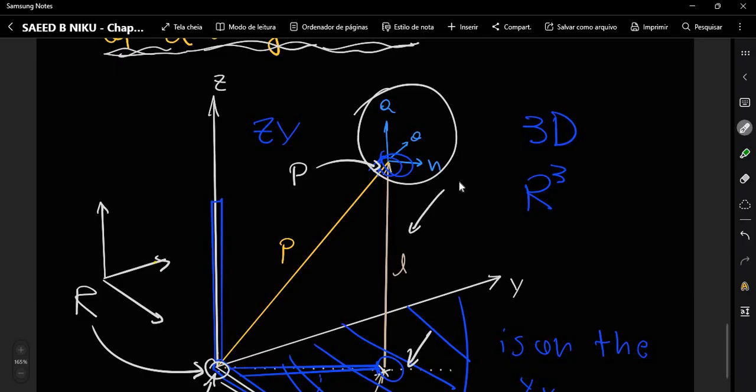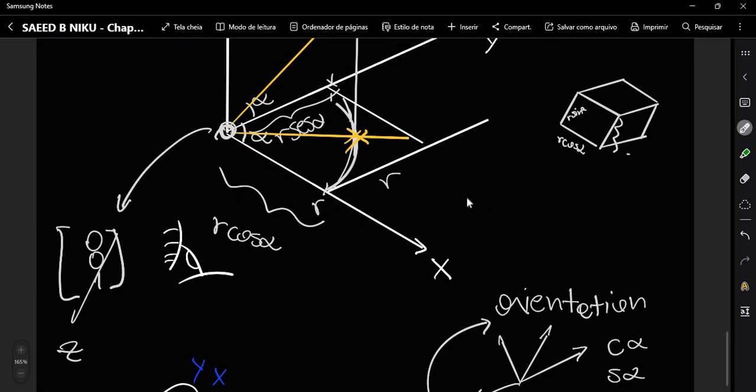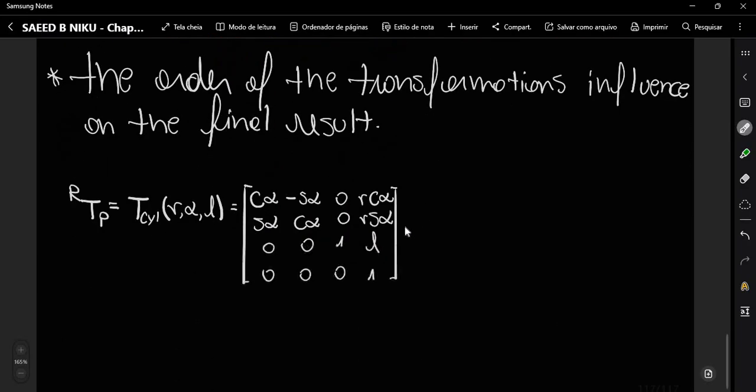So that is the a-axis. This one. So we are applying a rotation around this axis. Okay. So let's write this matrix.